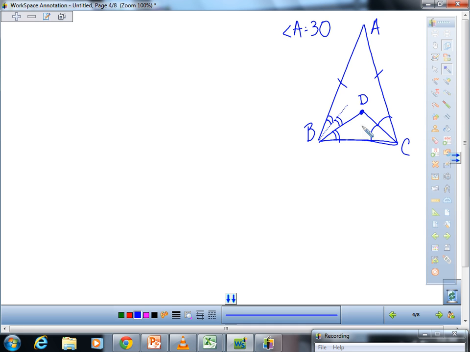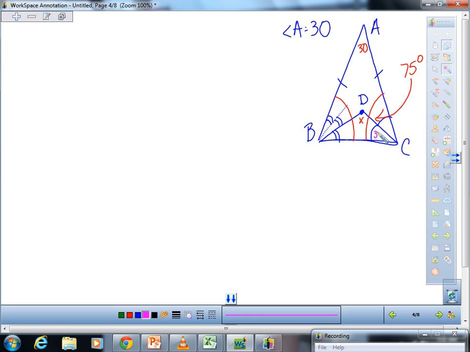So we're trying to find this. Okay, so we know that this is 30, and it's an isosceles triangle. So these big red angles would be what? 75. Good. Well, that tells us that this is half of 75.